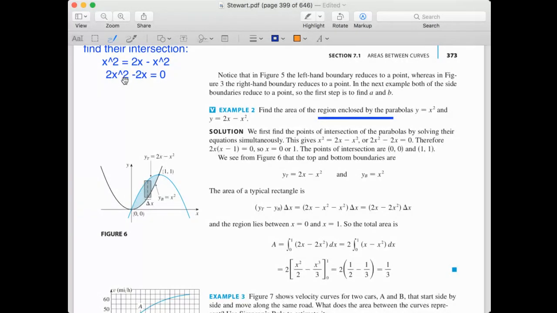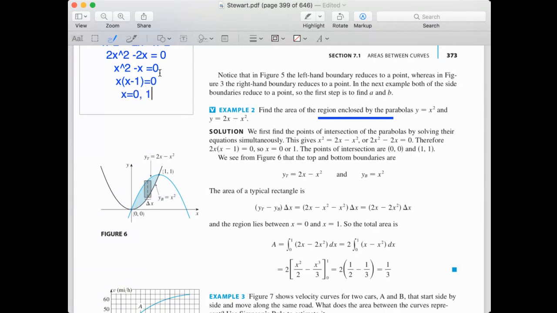So I have 2x squared minus 2x equals 0. Divided by 2, I have x squared minus x equals 0, then factor it out. Basically, this is solving quadratic equations. So I have two solutions: x equals 0, x equals 1.